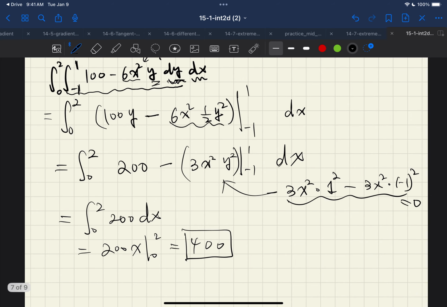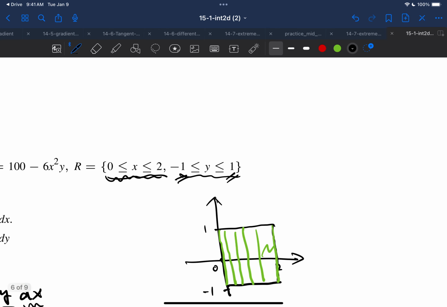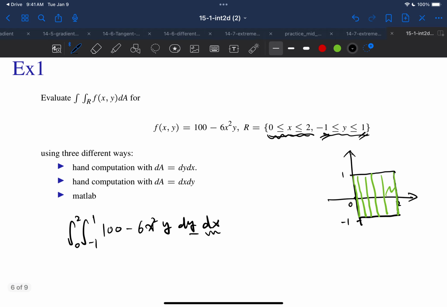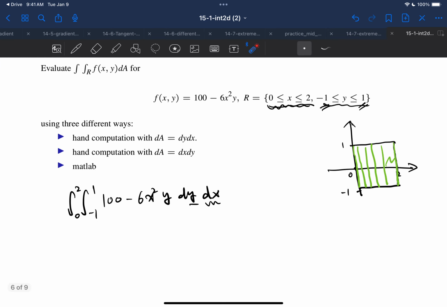Another way to evaluate this integral is by Fubini's theorem. So Fubini's theorem says it doesn't matter which order you go. You can go y direction first, or you can go x direction first. So let's look at the second one.